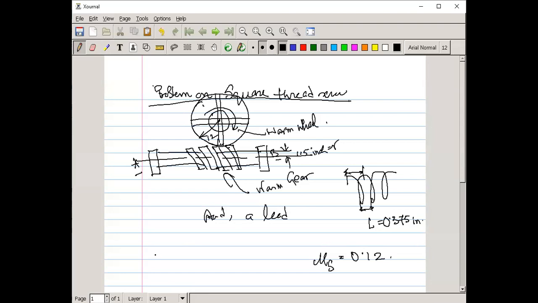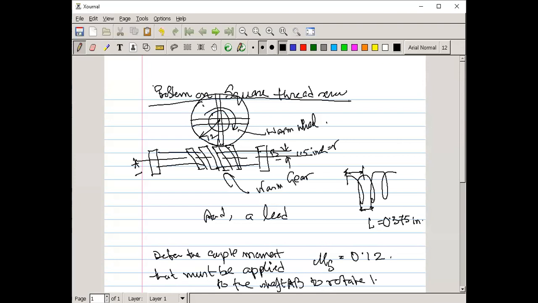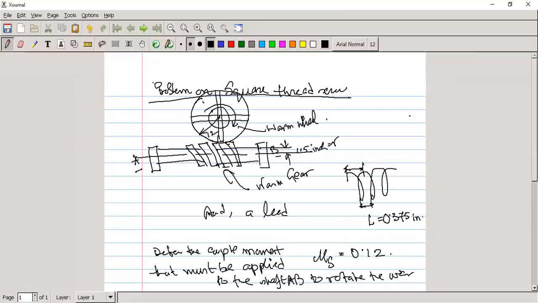Then the question is, determine the couple moment that must be applied to the shaft AB to rotate the worm wheel in the counter clockwise direction.